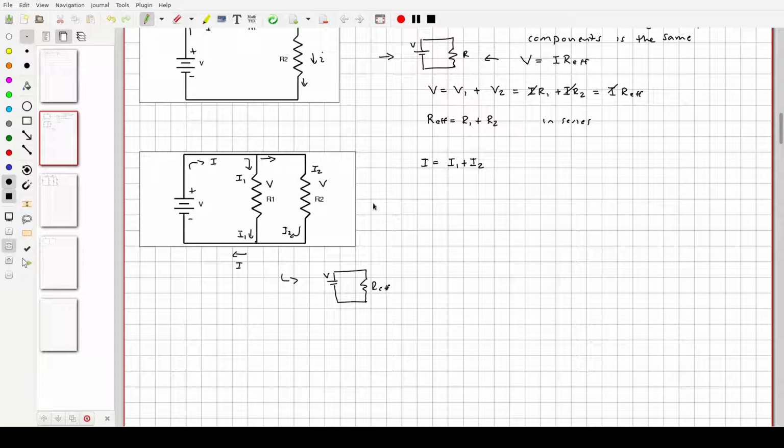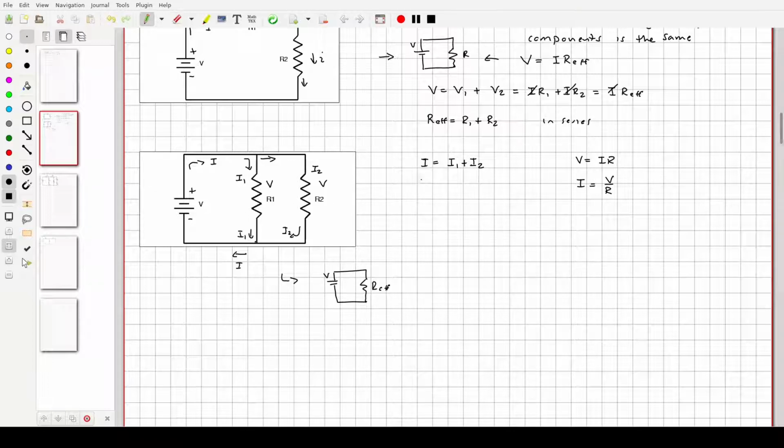Okay, so what that means is that if I think of Ohm's law as V is equal to I times R, I can write my current equation here as I is equal to V over R. Okay, so if I were to put this into this, my source voltage with this replacement right here with R effective is going to give me the total current that's going in here.